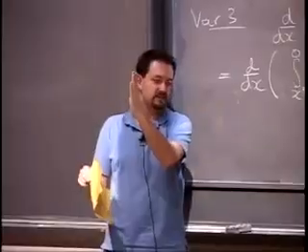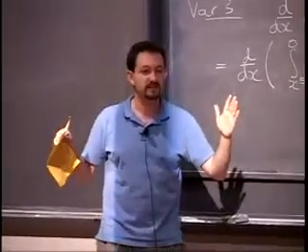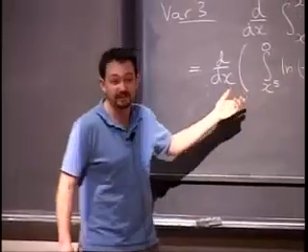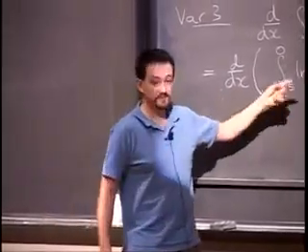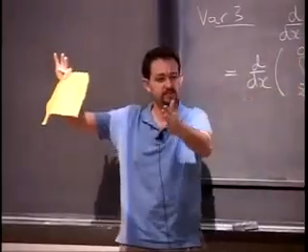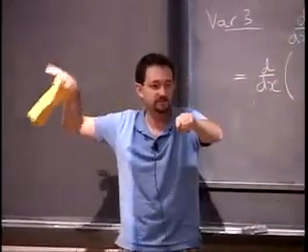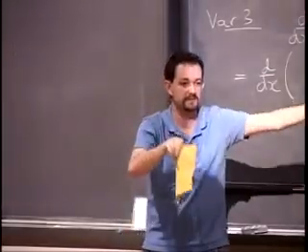I mean, think of it this way. If 0 happened to be in between x to the 5 and x to the 6th, which it could be, for example, if x is negative, then this would be negative and the other one would be positive. And if you want to go all the way from the left to the right and you break it up somewhere in the middle, then the total is the sum of going from the first to the middle and then from the middle to the end.